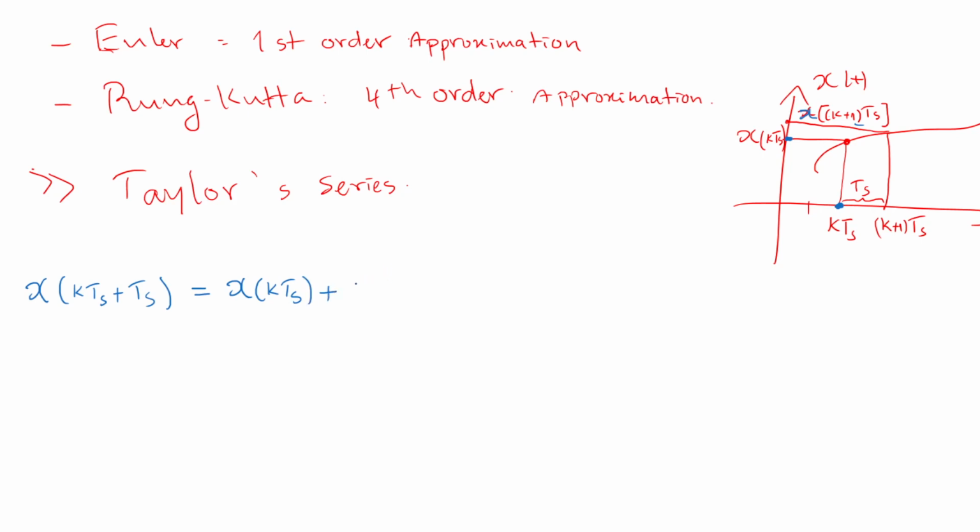plus 1 over 1 factorial times the first derivative of h with respect to time, evaluated at time t equal to k ts. And here you have k ts plus ts minus k ts.